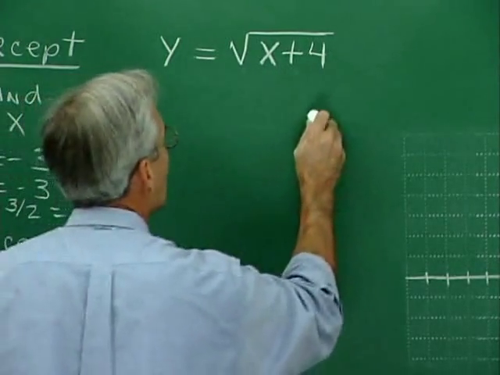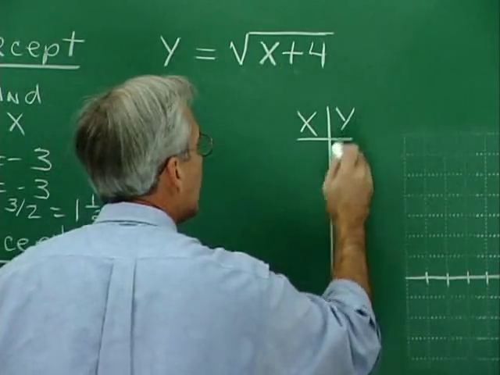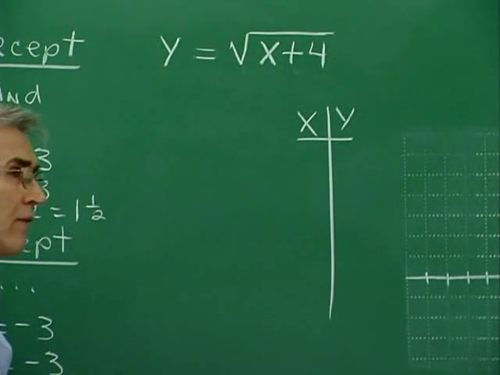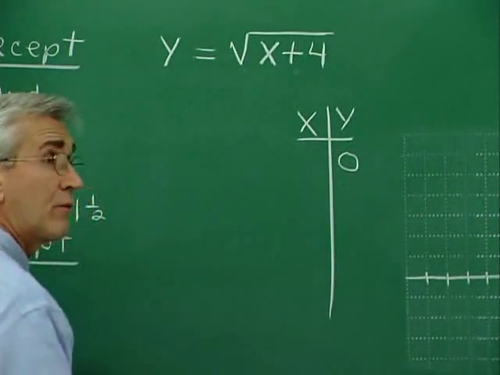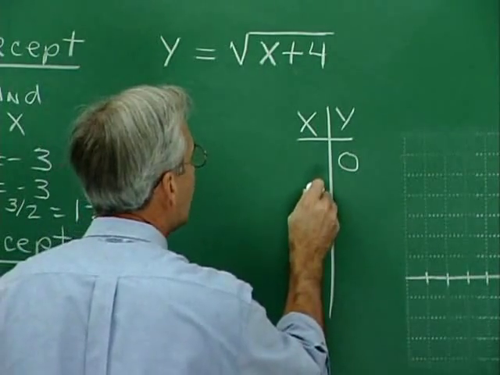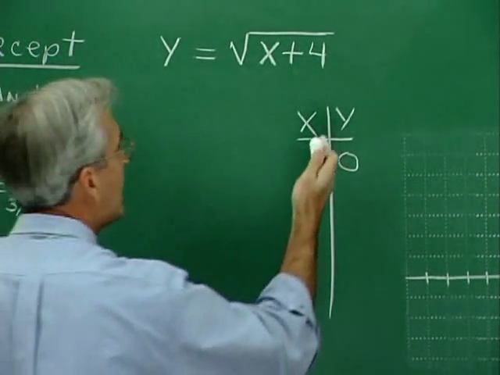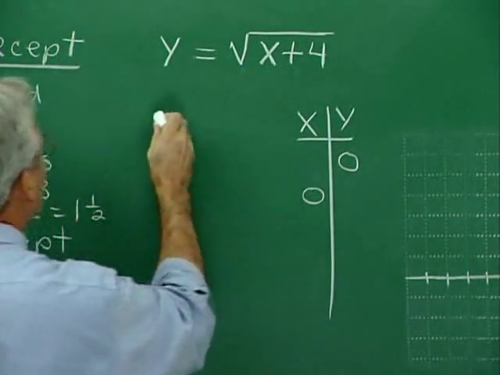All right, let's go through the notion of making a table of values, and let's find our intercepts first. If we're looking for an x-intercept, then we would let y be 0 and solve for x. If we're looking for a y-intercept, we would let x be 0 and solve for y. All right, for the x-intercept, we let y be 0. What do we have here?